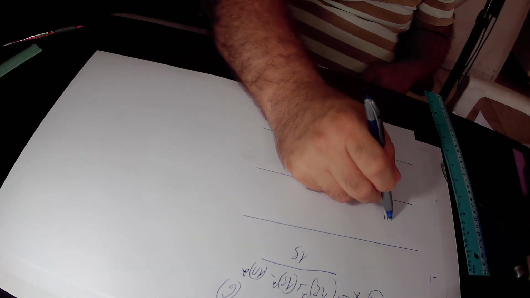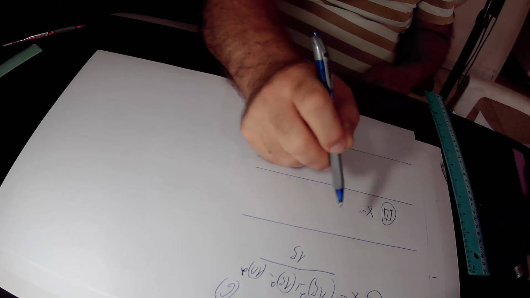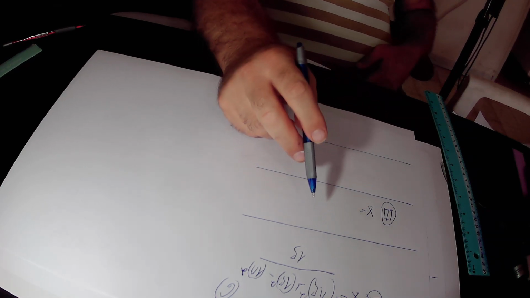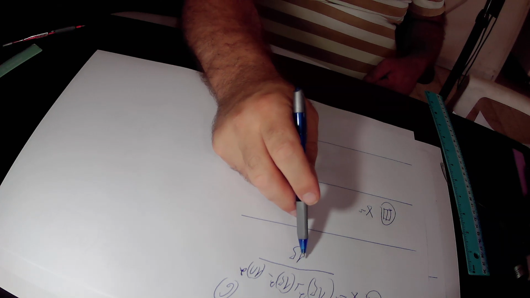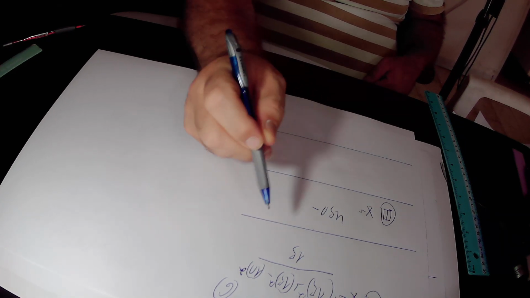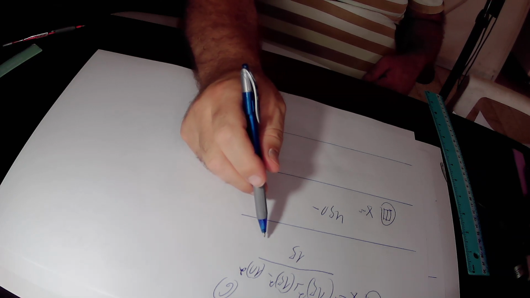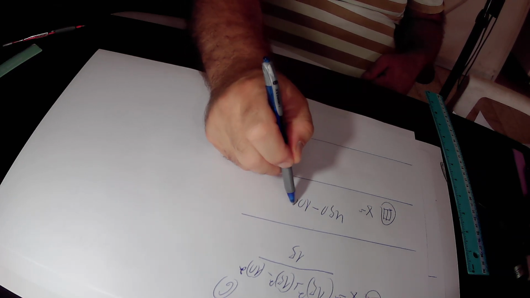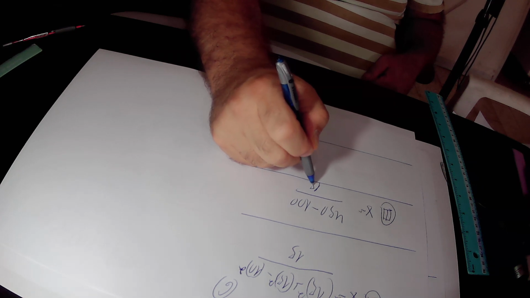So x equals 15 square is 225, so 225 plus 225 is 450, minus 10 square. 10 square is 100, so it is minus 100 over 15.